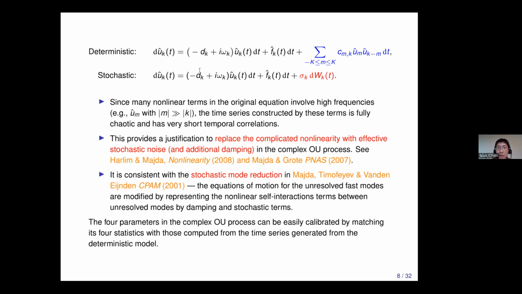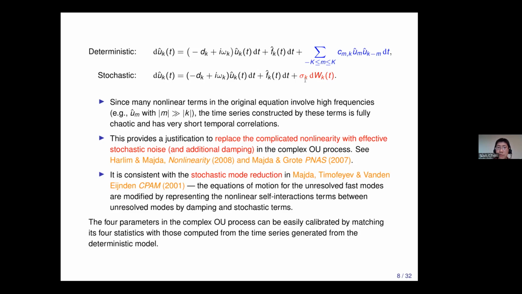When you handle the stochastic equation, you notice that you have only 4 parameters: this damping term, this phase term, this constant forcing, and the stochastic noise. The very nice thing is, for this OU process, the statistics is a Gaussian distribution. So you can use 4 statistics to determine these 4 parameters in a unique and very simple way.